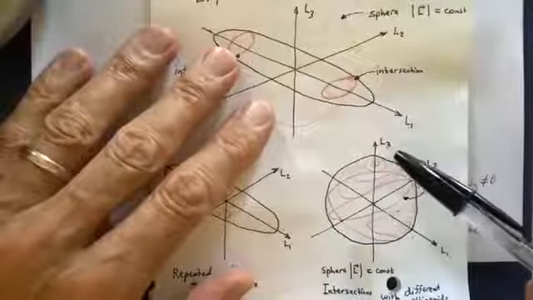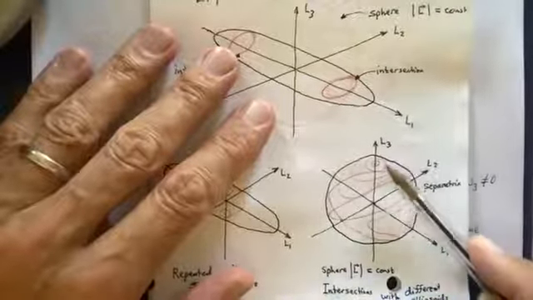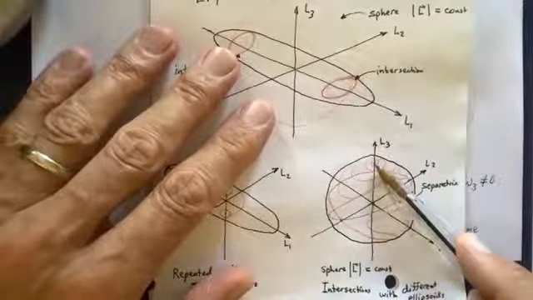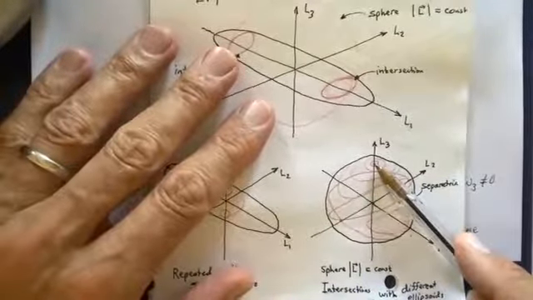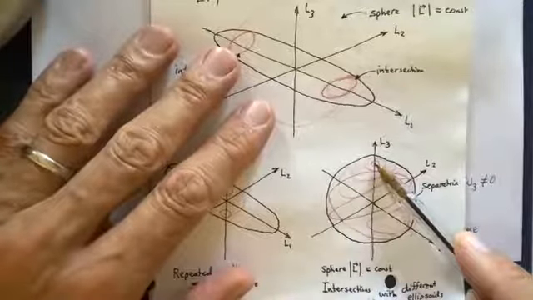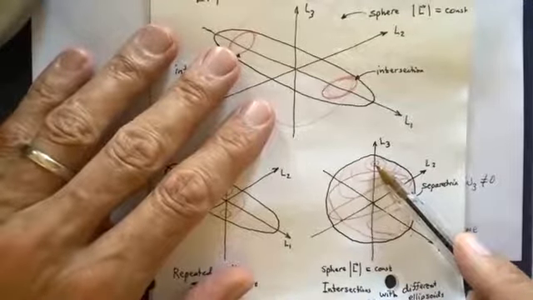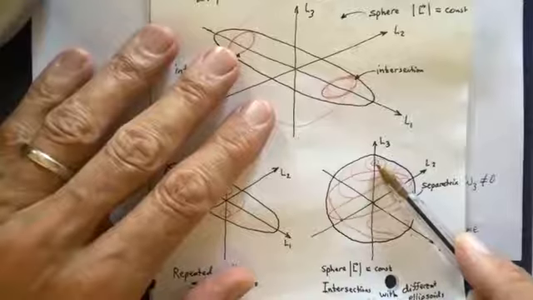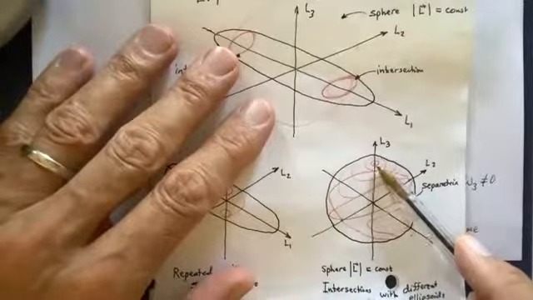For the example that we're discussing now, it's this one here. You see that dot right there on the L3 axis? That's a solution. That's an equilibrium. The solution to the equation of motion is simply a stationary point right there. If you were to bump it slightly, it would move around this arc.